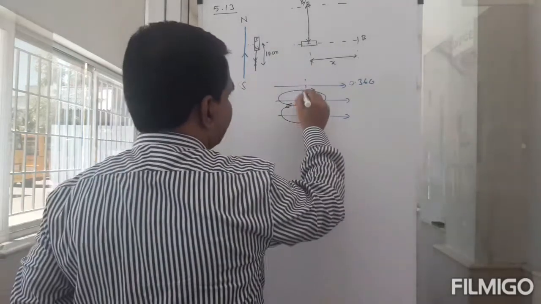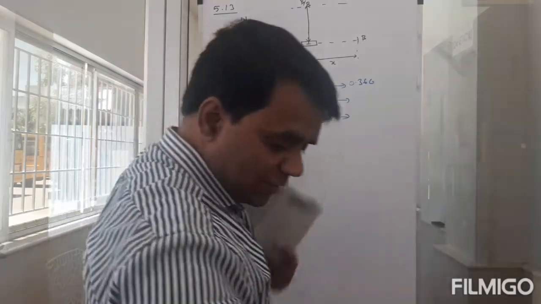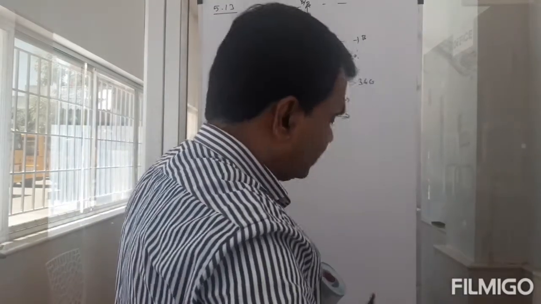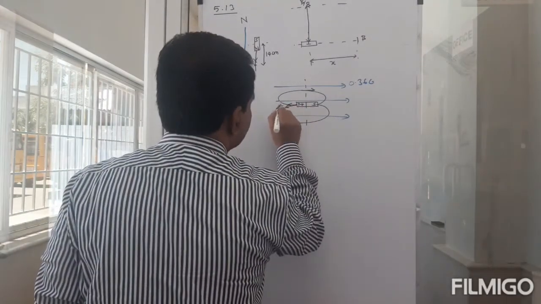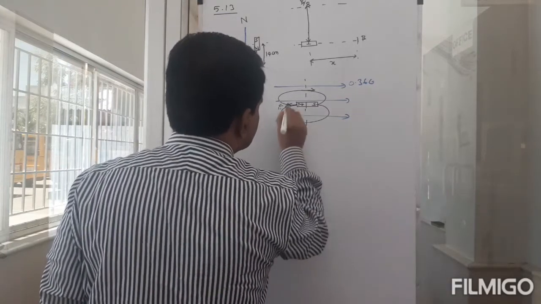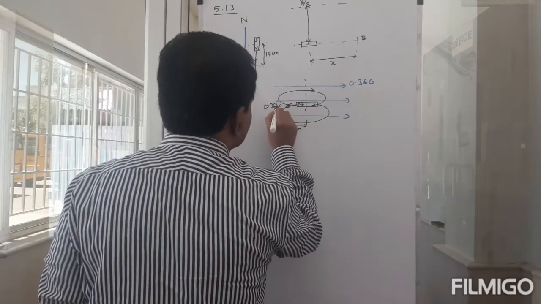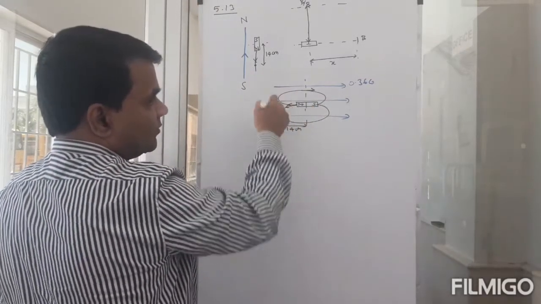Okay. So now at a distance of 14 centimeters, this is 0.36 Gauss. This is in opposition, so you get a null point here.